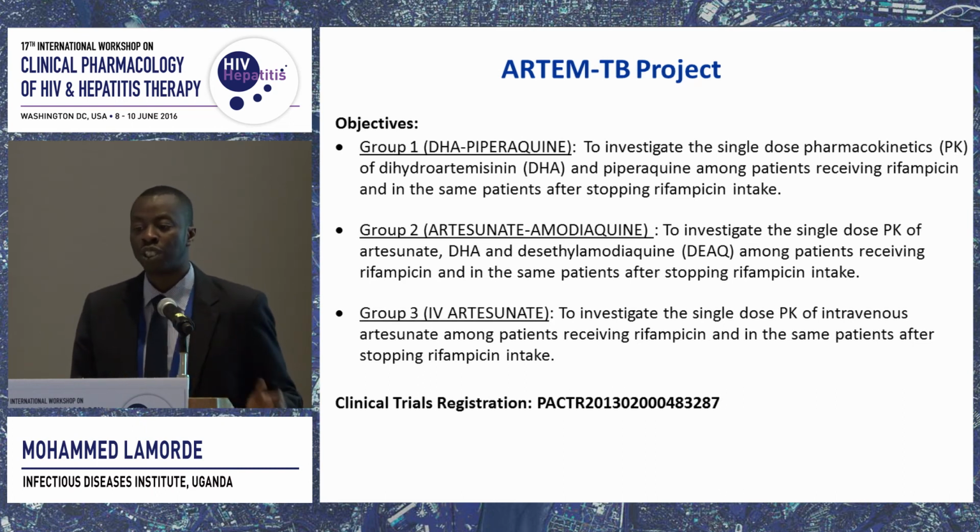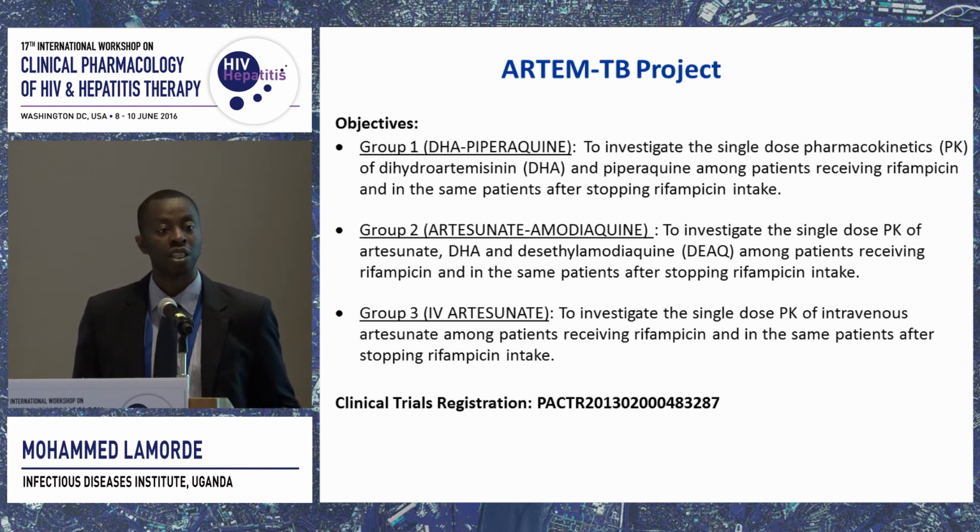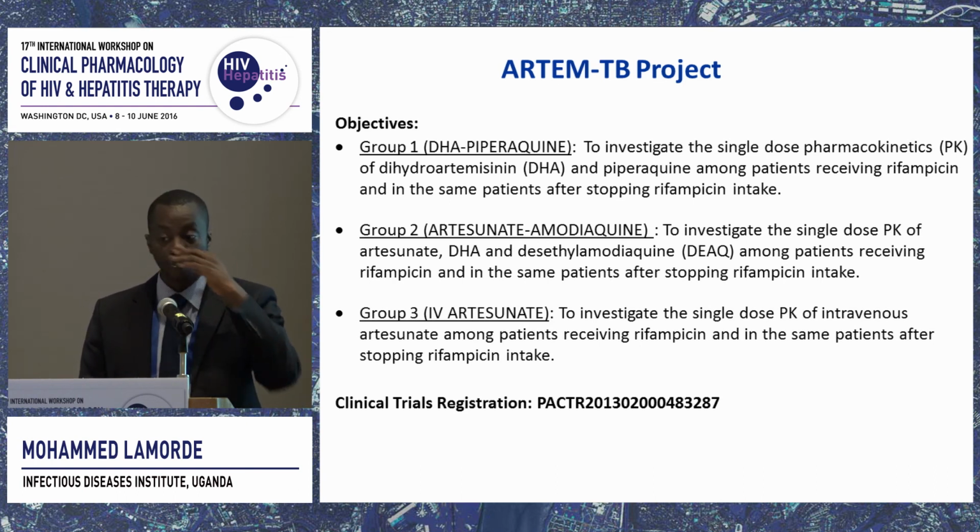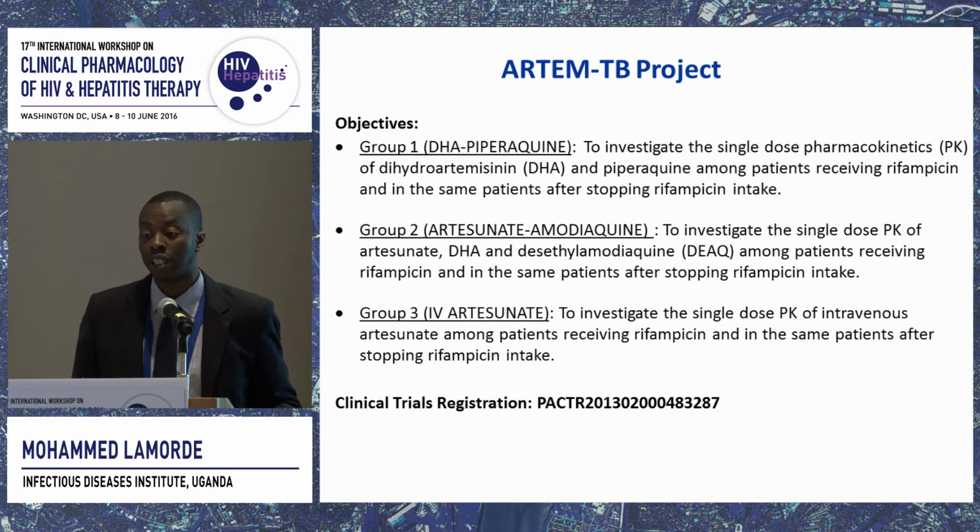There are issues with the use of artesunate-amodiaquine in countries that have a high prevalence of HIV, because amodiaquine has been shown to have a hepatotoxic side effect amongst patients that are on efavirenz. So that drug is a potential option, but it's unlikely to be used in countries where you have high rates of HIV.